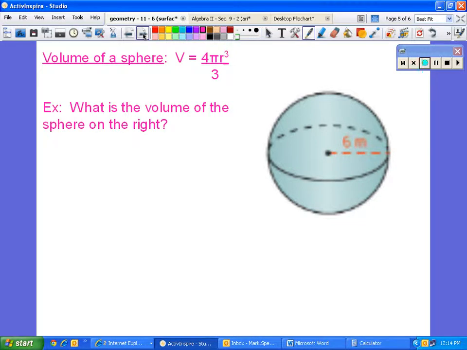So it's 4 times pi times r cubed, and then that is going to be divided by 3. To solve the volume, 4 times pi, my radius is 6, so I take 6 cubed divided by 3. You can just take that and put it in your calculator.